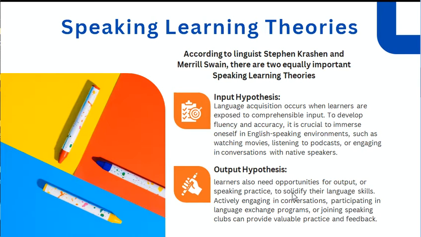So if you want to solidify or master the language skills, you have to have the chance to practice your speaking. How can you get the chance? Actively engaging in conversations is one of the ways, like participating in language exchange programs or joining speaking clubs, which provide value, practice, and feedback.